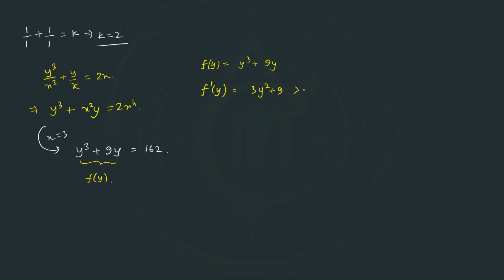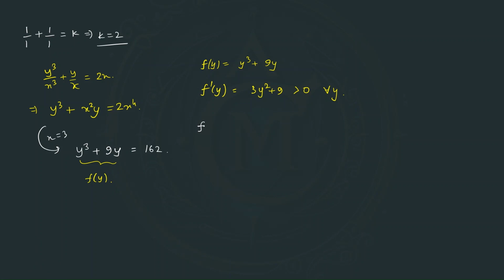So it is positive for all y. That means f of y is an increasing function. Now if it is an increasing function, there has to be at most one point y naught such that y cube plus 9y equal to 162.